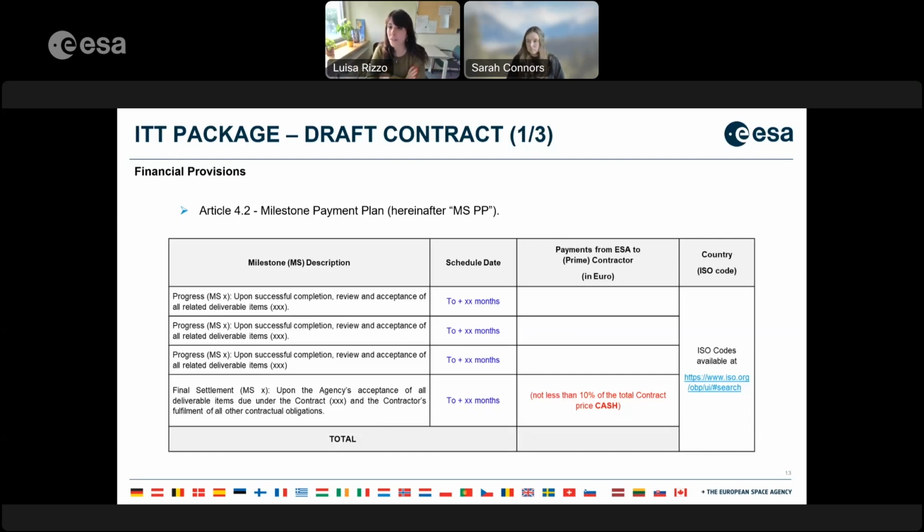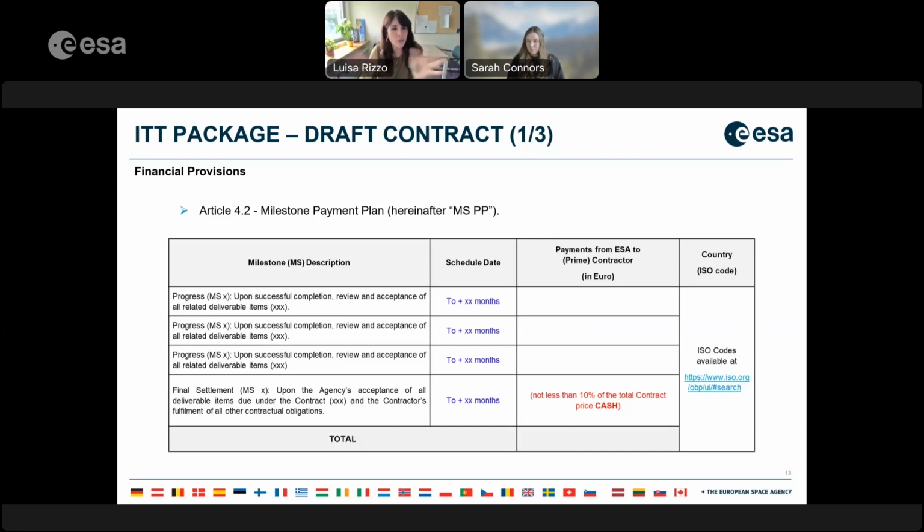So here, I presented a very draft milestone description with the scheduled dates and the payments from ESA per contractor, and the country ISO code available via the link you will find in the slides.